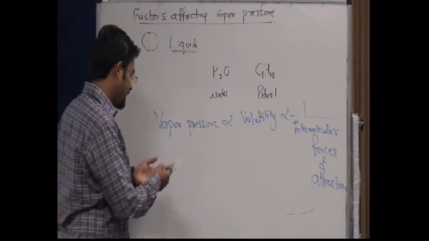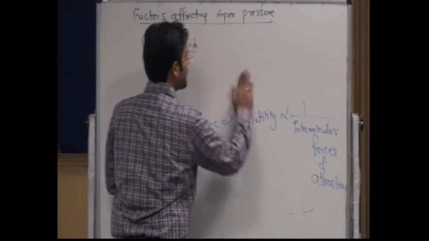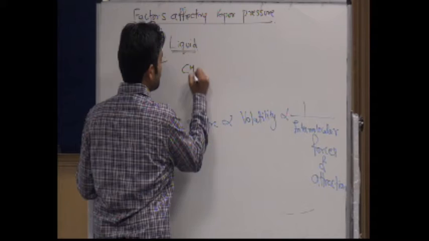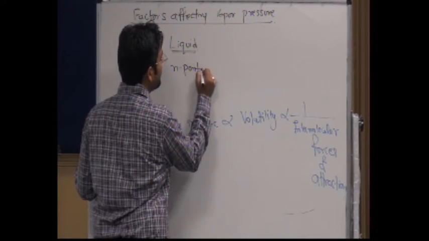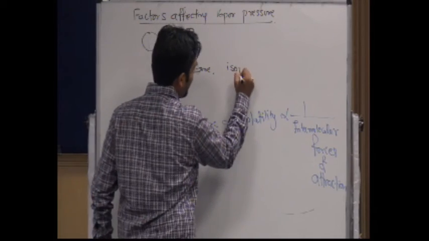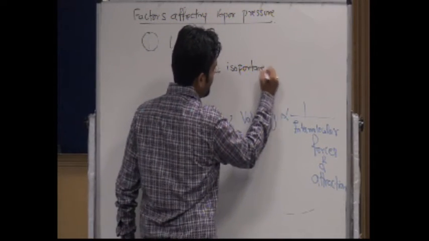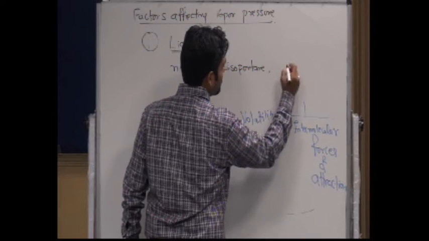Like for example, we have studied this in organic. I have 3 compounds. One is n-pentane, another is isopentane, and third is, for example, neopentane.